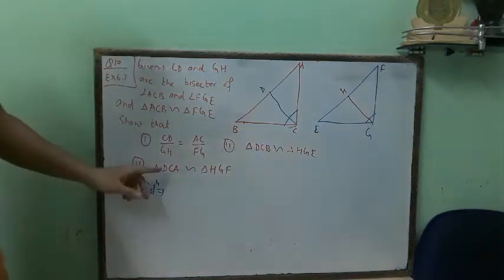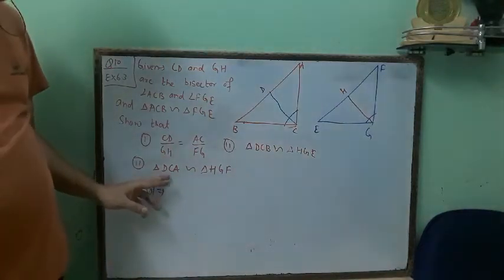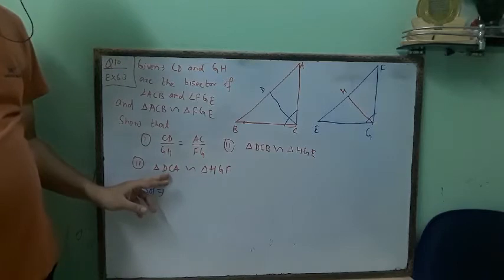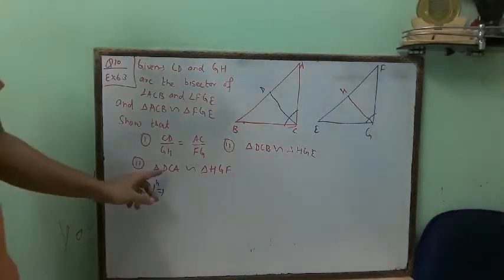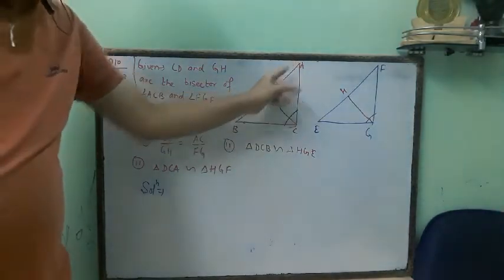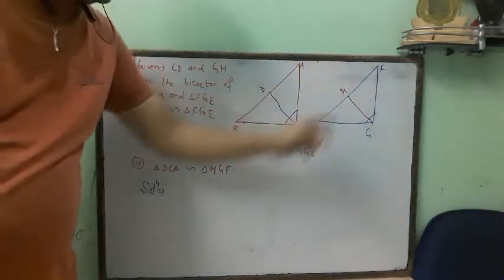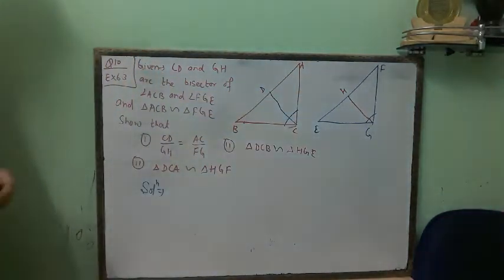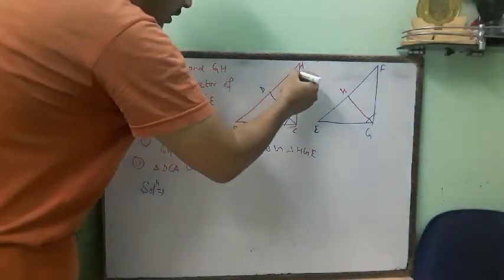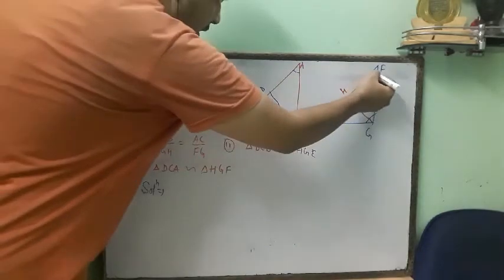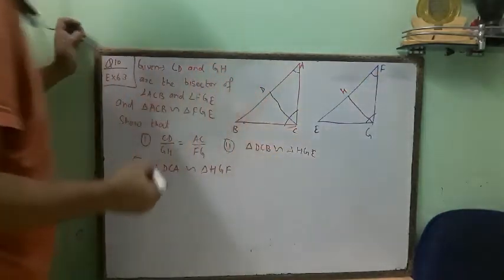So first you need to focus on how you will prove these two triangles similar. In triangles DCA and HGF, one angle is already equal because triangle ACB is similar to triangle FGE, therefore angle A will be equal to angle G.